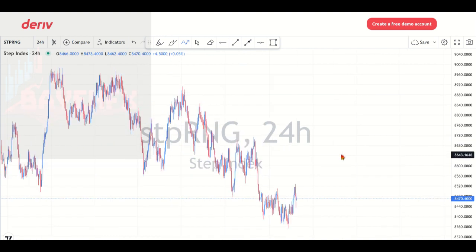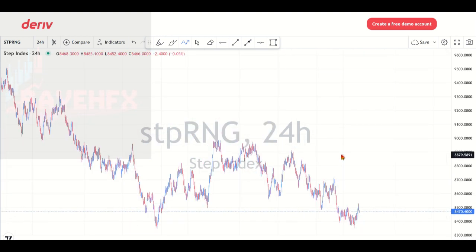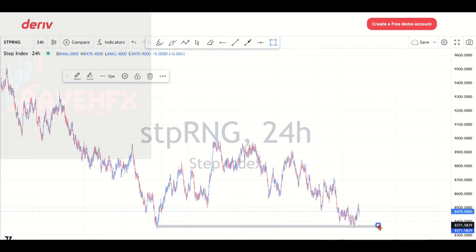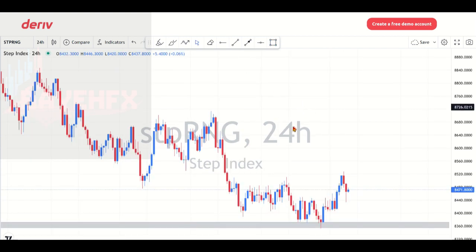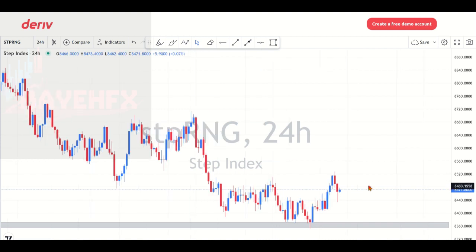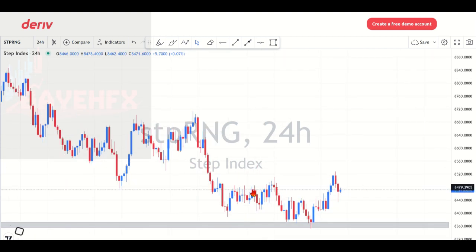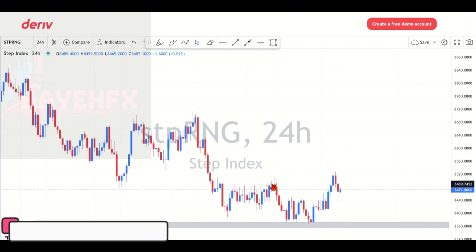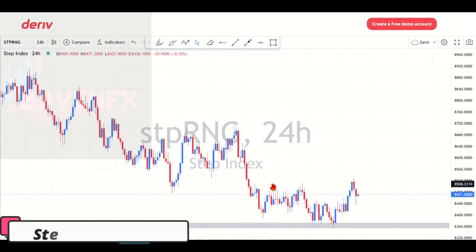Hello guys, and this is step index. You could see that on step index, we have been in a bearish kind of trend for a long time, but the most important stuff here on the 24 hours is where we got support from. Exactly where we got support from. So the most important stuff is we have claimed the last high here, which confirms it could be a rally to the upside.